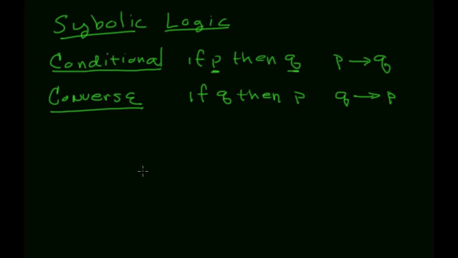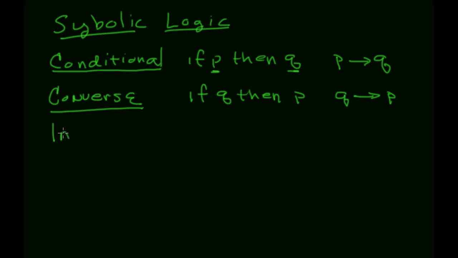Now, there are two other ways that I can rearrange the conditional statement into things that have meaning. I want to note that the conditional and the converse have independent truth values, so the conditional can be true while the converse is false. These things are somewhat independent of each other.